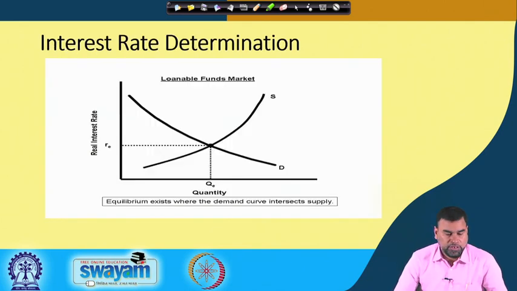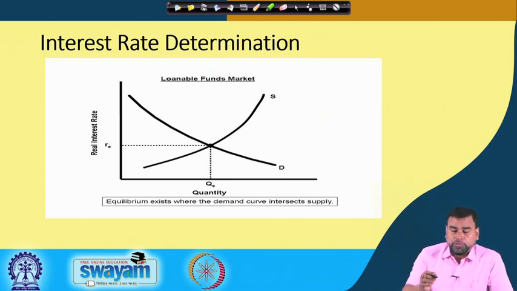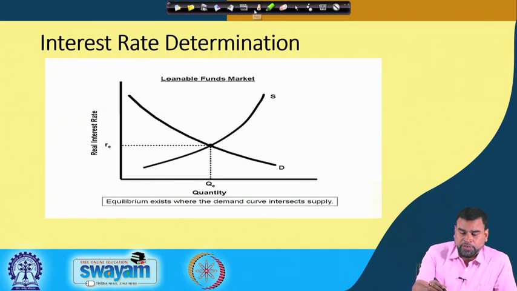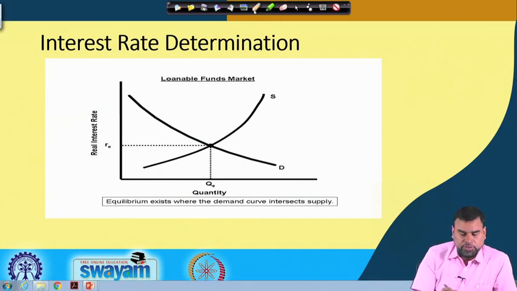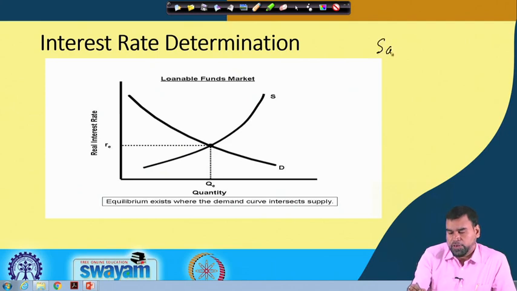Then finally the interest rate can be determined in the same way, but the only difference is, if I summarize, you see what was happening in the classical theory. In the classical theory we are talking about all savings being equal to investments. There the interest rate was determined according to the classical.